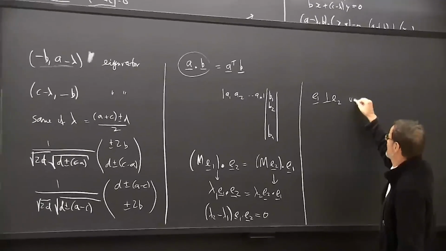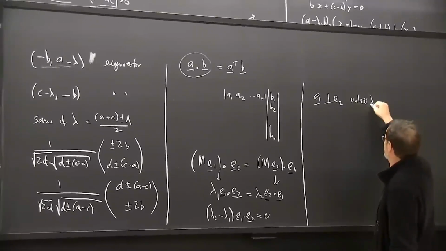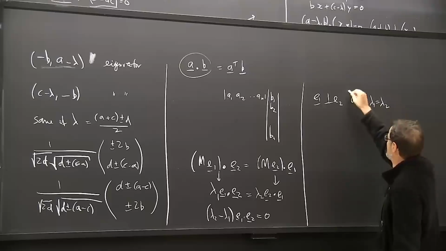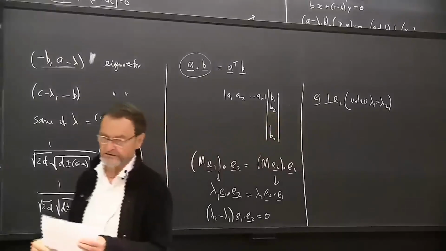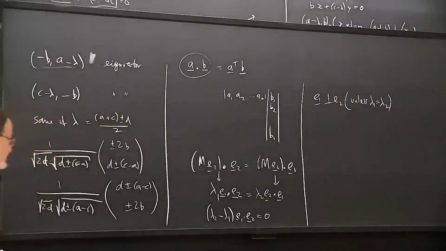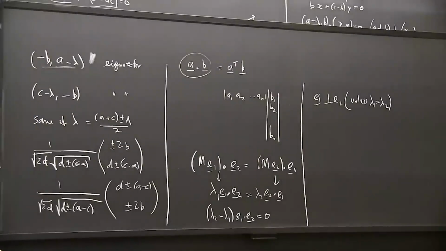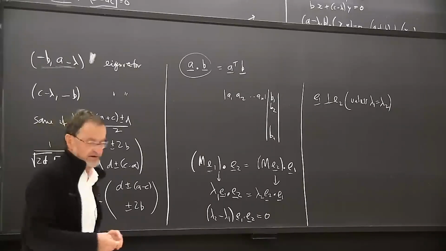Well, there's another thing that can happen. Right? If lambda 2 is the same as lambda 1, then that doesn't follow. So when I take the roots of this polynomial, and the roots are all different, that means that all of the eigenvectors are orthogonal. So that's what that says.